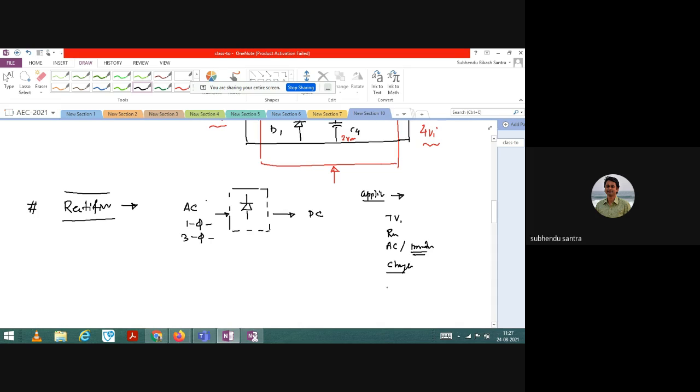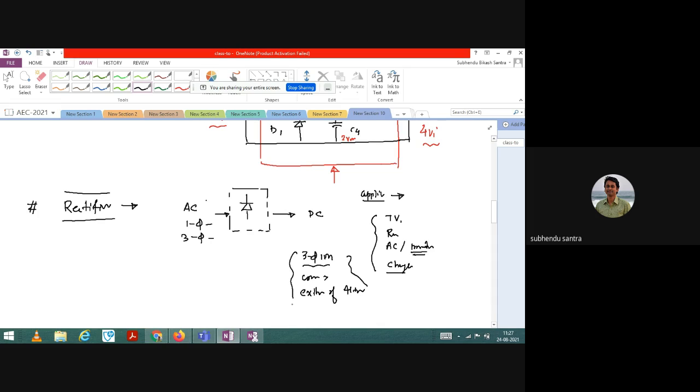In industrial applications, you have a three-phase induction motor drive, a conveyor belt, and the exciter system, the exciter of an alternator. So you see a lot of applications, particularly when you have to convert AC to DC.